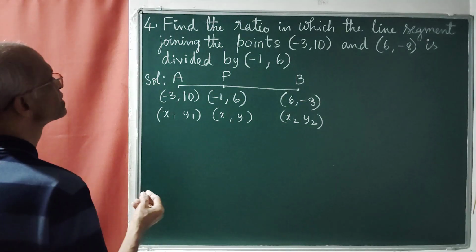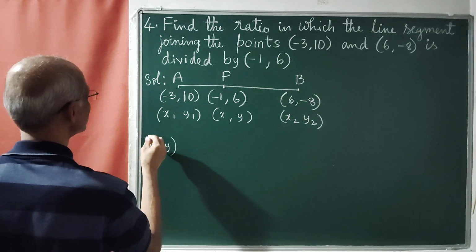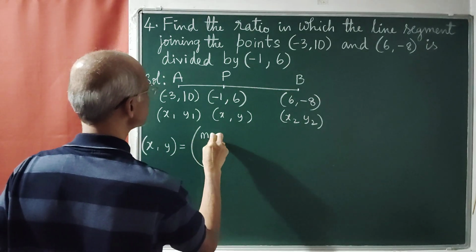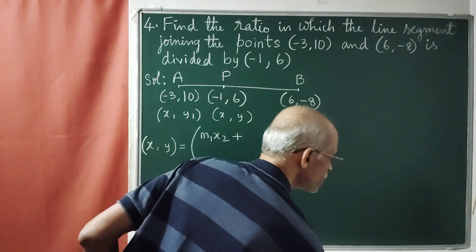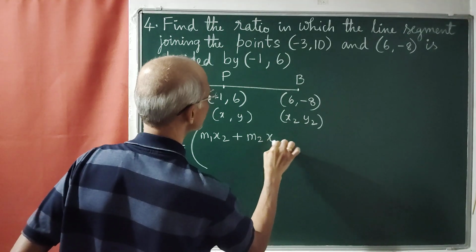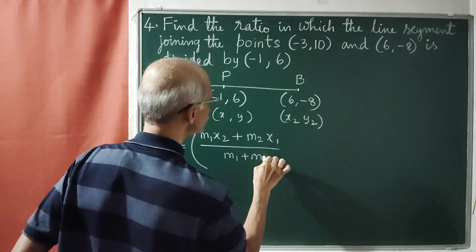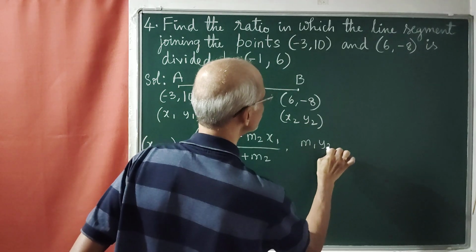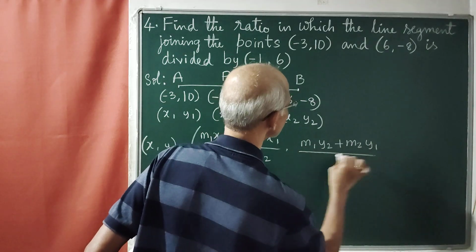So put the formula, section formula, xy is equal to m1 x2 plus m2 x1 by m1 plus m2, m1 y2 plus m2 y1 by m1 plus m2.